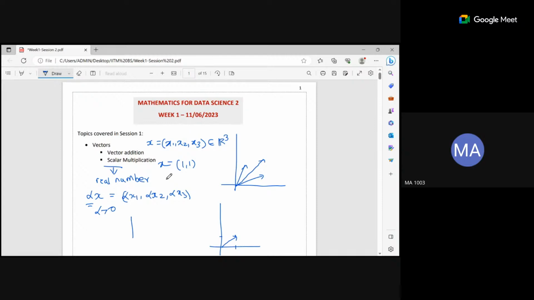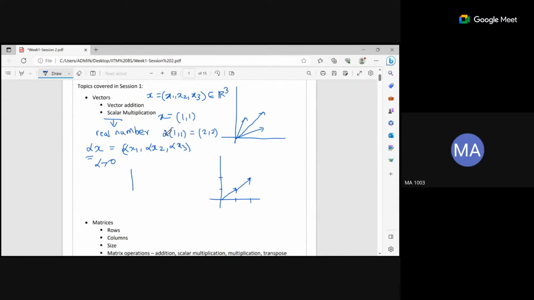And what happens when your alpha is negative? Let's say alpha is minus 1. Can you tell? Yeah, it is in the opposite direction. So if alpha is minus 1, your alpha x becomes minus 1, minus 1. Still it lies along the same line, but now it goes in the opposite direction.